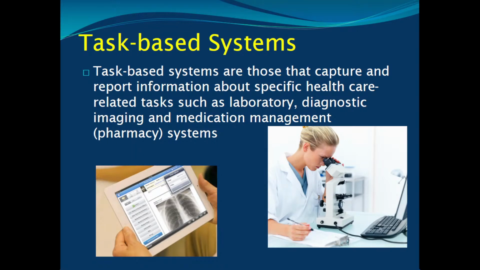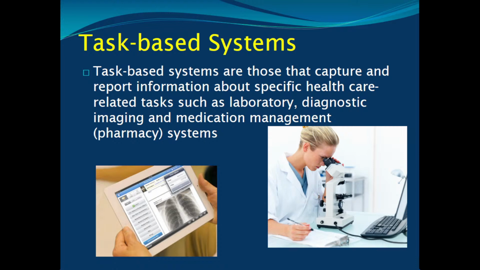The next type of information system is the task-based system. These systems are driven by the system, and they capture information and copy it to the electronic health record system.